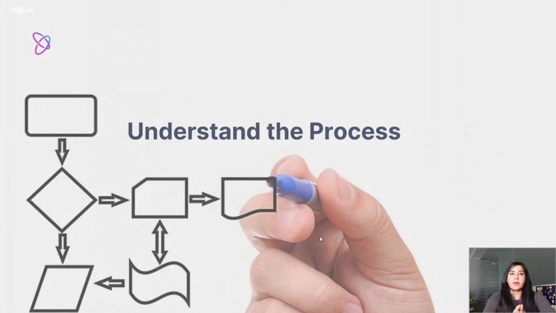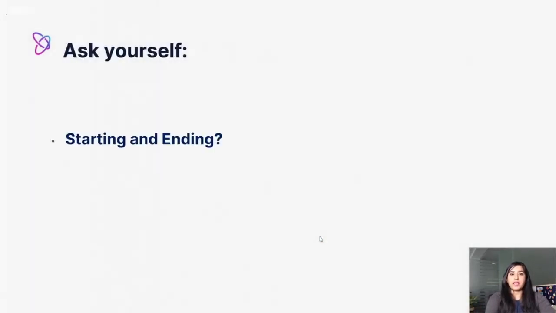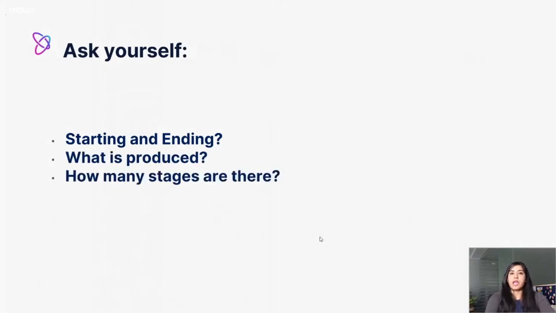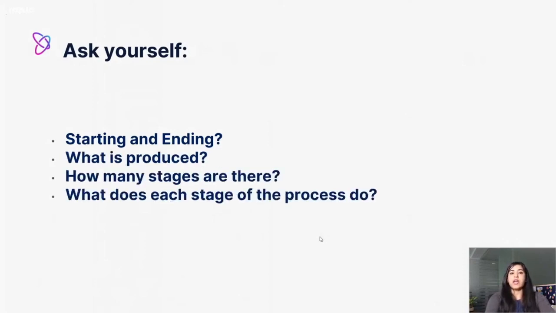Again, this is just a reminder that this IELTS exam is just testing your English skills. It's not about how much information you know, it's how you put that information down on paper. So when you understand the process, you can ask yourself these questions. First of all, where does the process start and where does the process end? You can also ask yourself, what is being produced? And how many stages are there? And also, what does each stage of the process do?